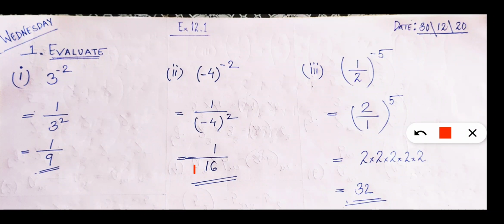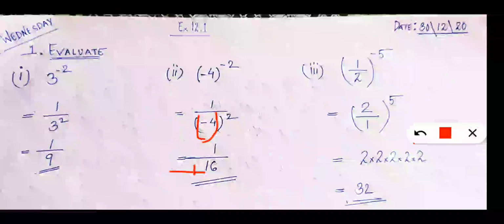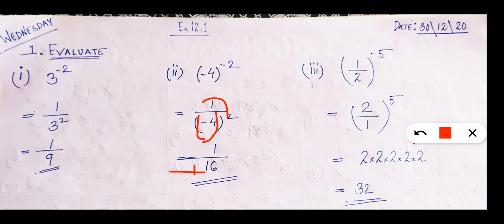If there is plus, no need to write it. If you write it, it's also not a problem. Why has this minus changed into plus? Because there is a bracket, you see over here there is a bracket. This bracket denotes this square is for minus also and for 4 also. So minus square means minus two times, minus into minus is plus, and 4 square means 4 two times, 4 into 4 is 16. Are you clear?